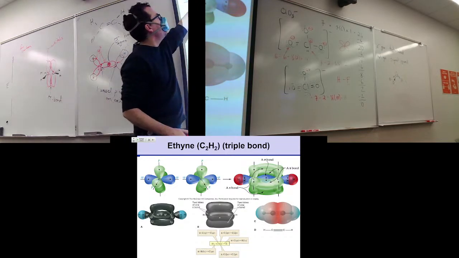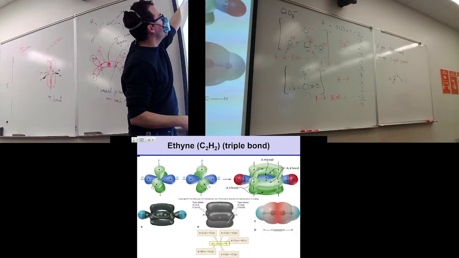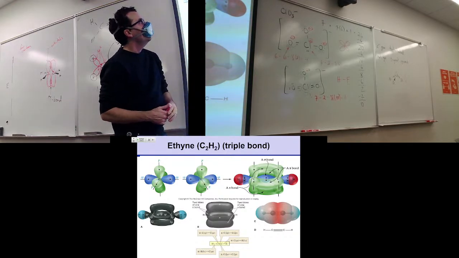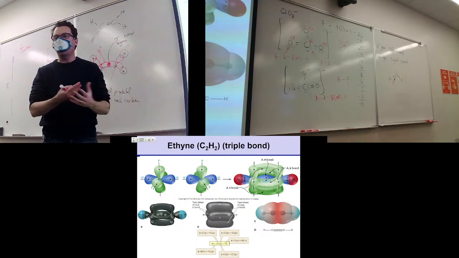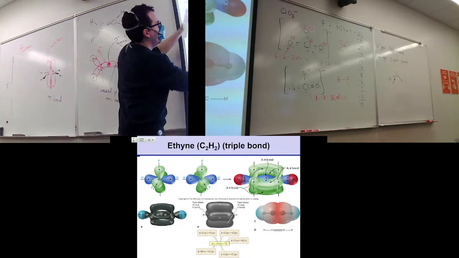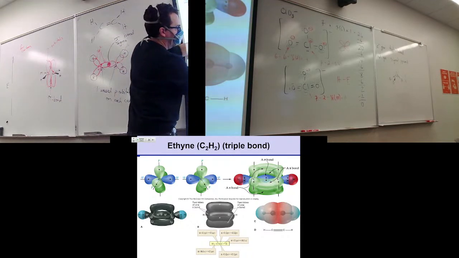Now the leftover p orbitals: there's one pointing up and down, and there's one pointing in and out. That one is drawn in perspective there. There are 2 sets on each carbon. They make 2 pi bonds. One overlaps this way and this way, top and bottom, right here.